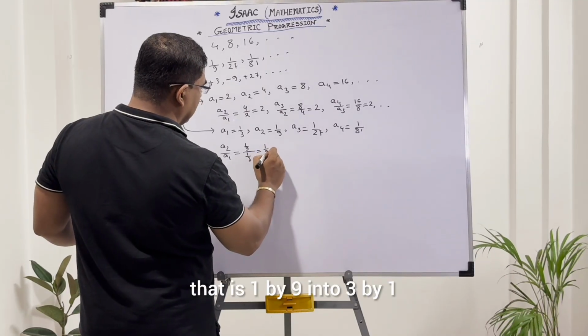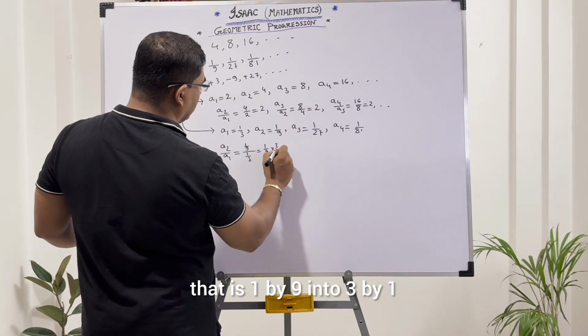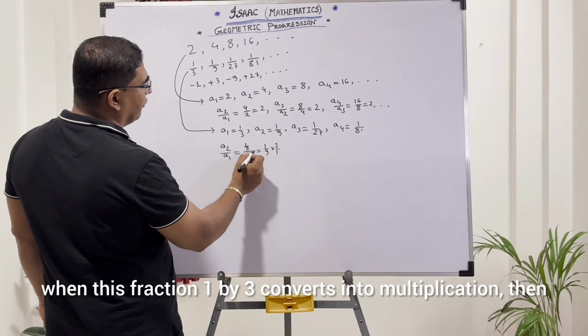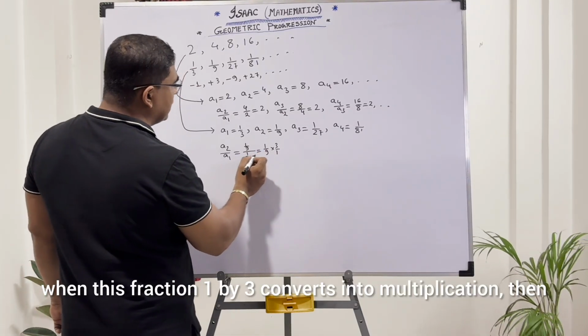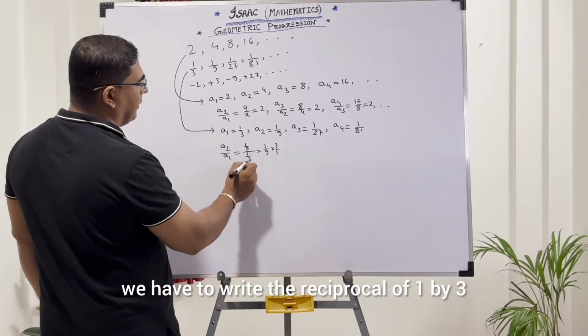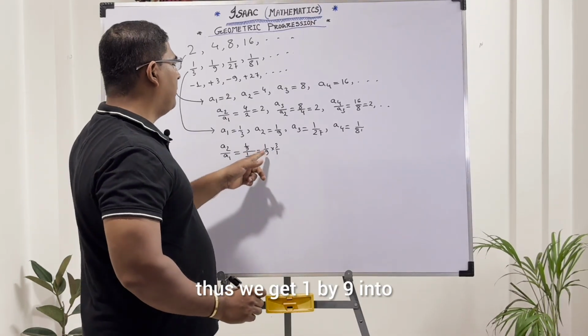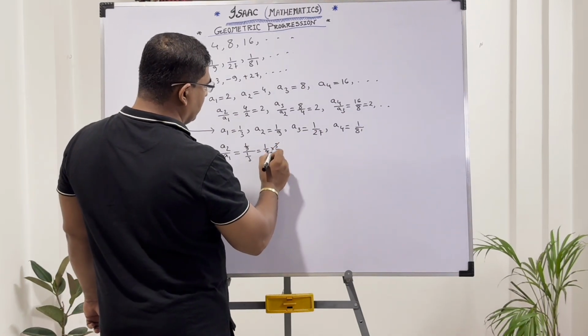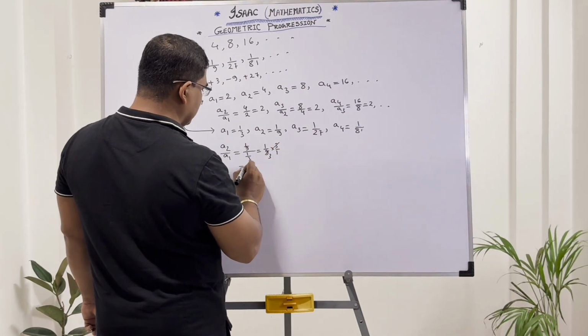That is 1 by 9 into 3 by 1. When this fraction 1 by 3 converts into multiplication, then we have to write the reciprocal of 1 by 3. Thus, we get 1 by 9 into 3 by 1. Cancelling these two, we get 1 by 3.